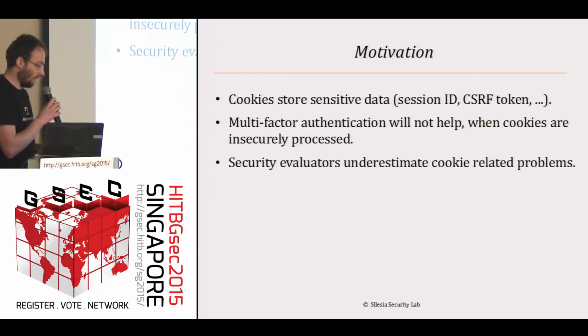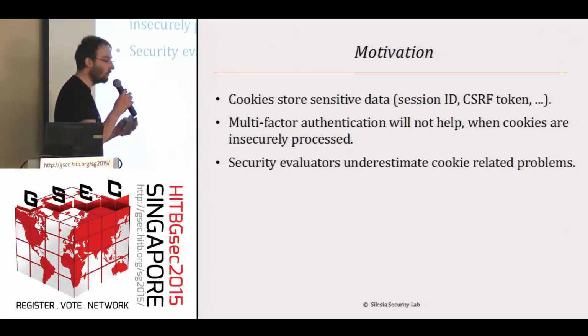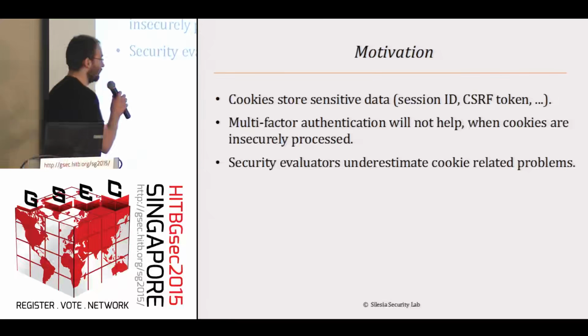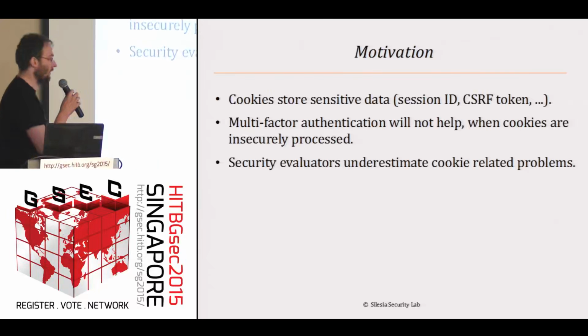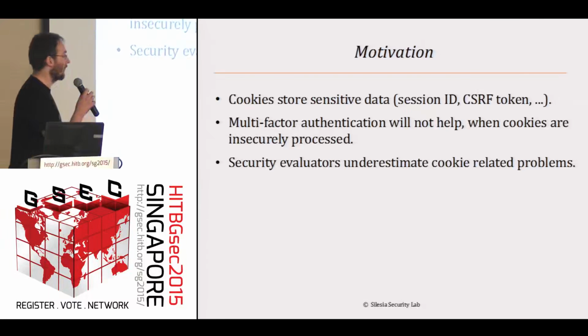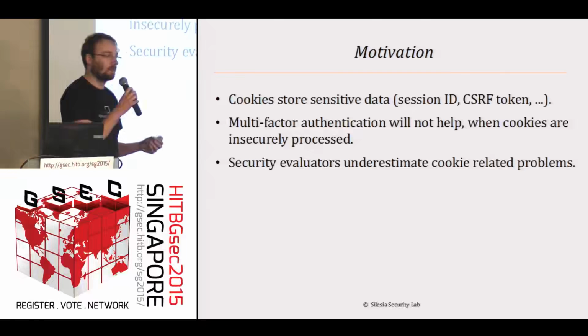Another one that I have seen quite often is that cookie-related problems are really underestimated. For example, if you report a problem to a customer or just see other pen testing reports, you see that the risk rating is quite often low. I cannot agree, and I will show you that a cookie-related problem does not mean local exploitation, right?